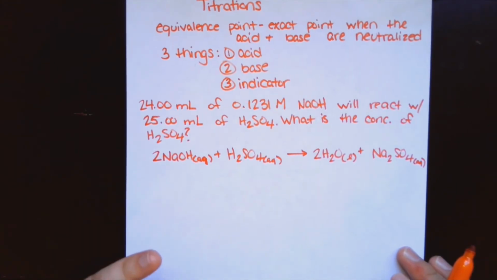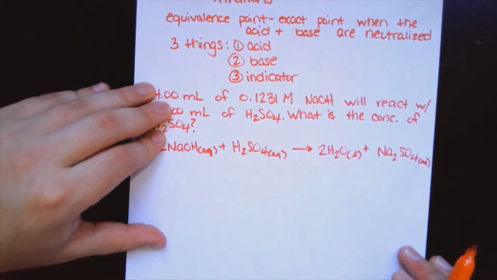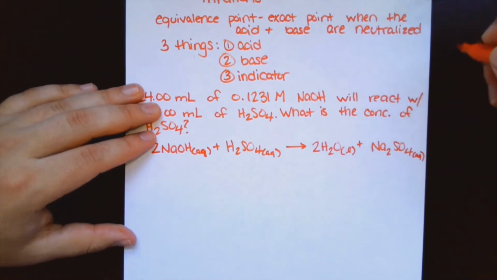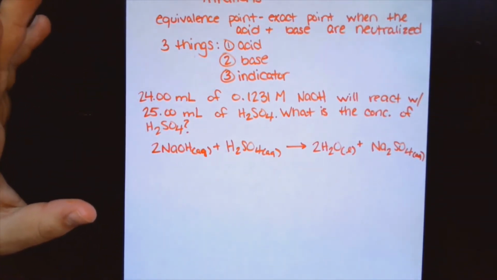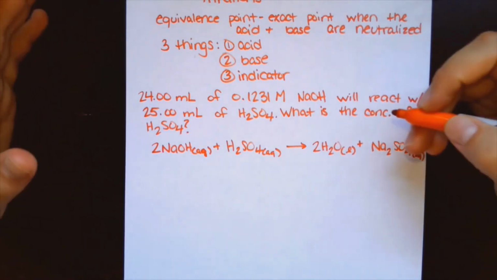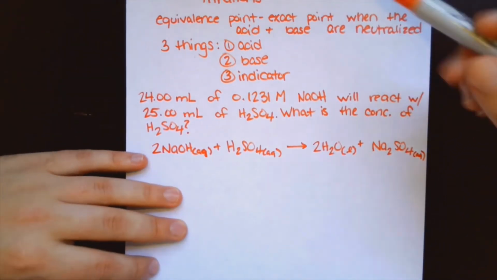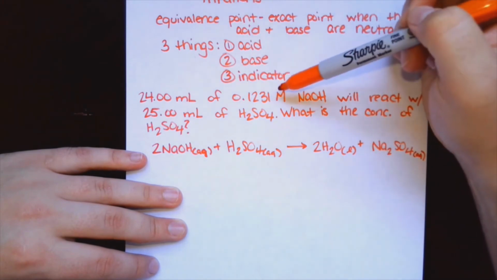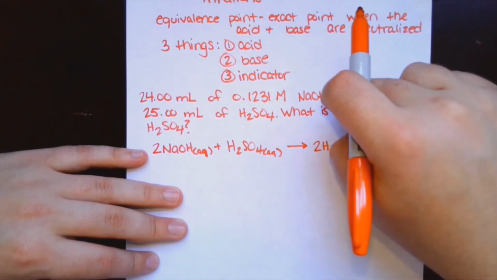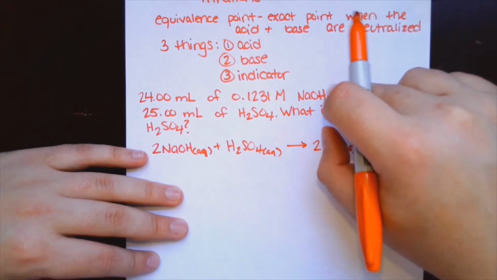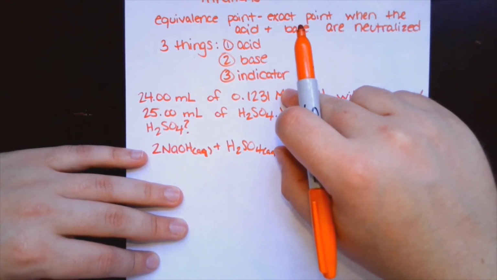So now that we know the reaction, let's work on this titration problem. Okay, so the first thing you're going to do is, whichever species between the acid and the base you're given both values of, the volume and the concentration, you want to start with that concentration. So we're going to start with the concentration of NaOH. And remember, molarity can also be written as moles over liters.